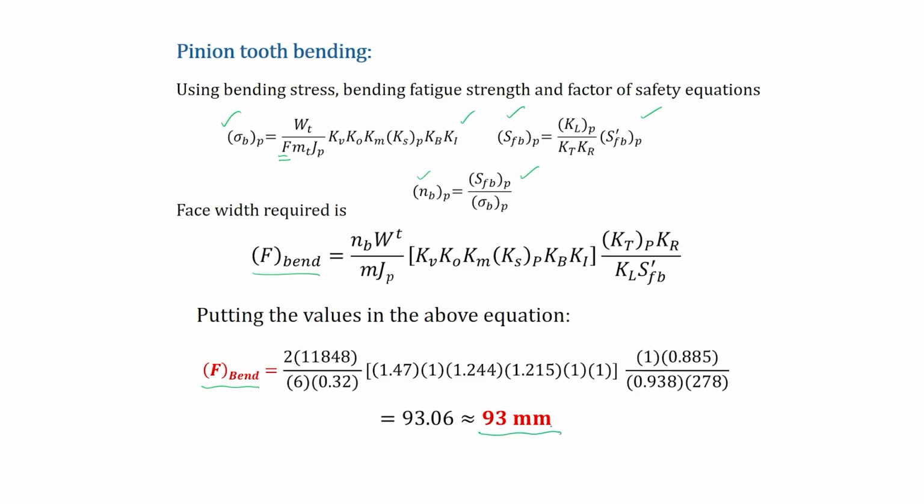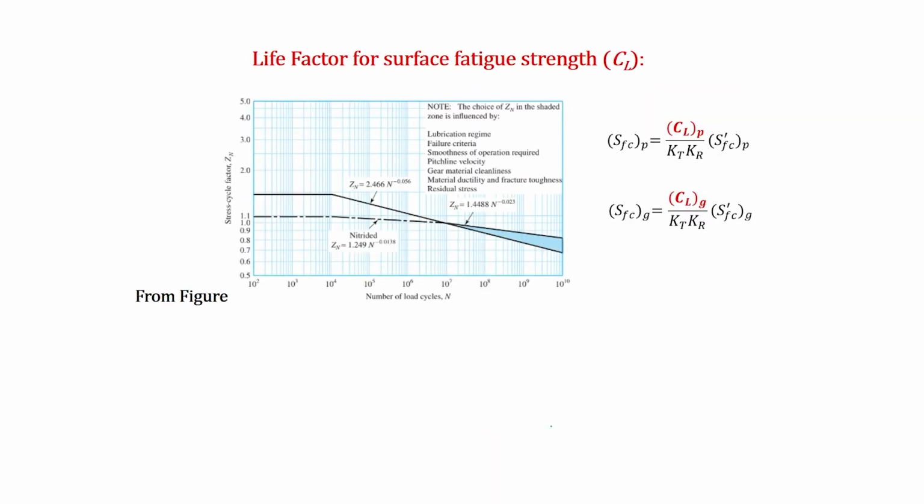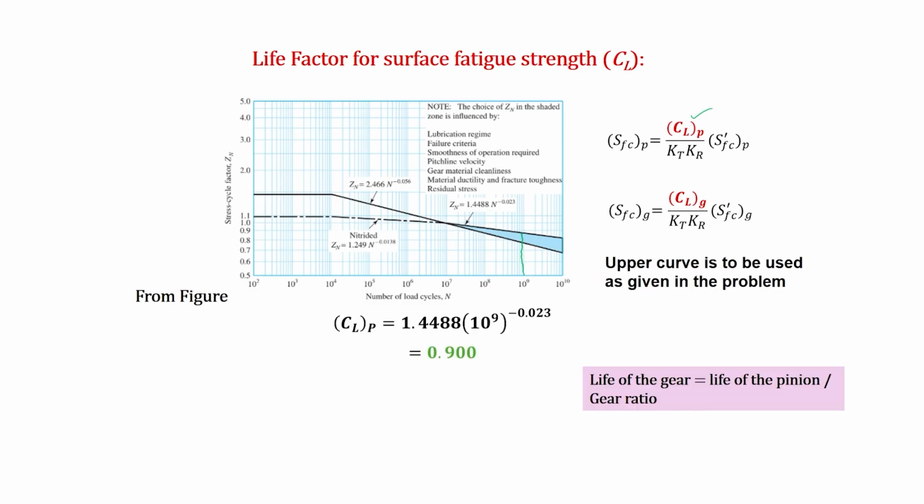93 mm. In a similar way, the life factor for the surface fatigue strength is determined corresponding to this 10 to the power 9, and that is 0.9 for the pinion and 0.929 for the gear, because for the case of gear, life required is life of the pinion divided by gear ratio.